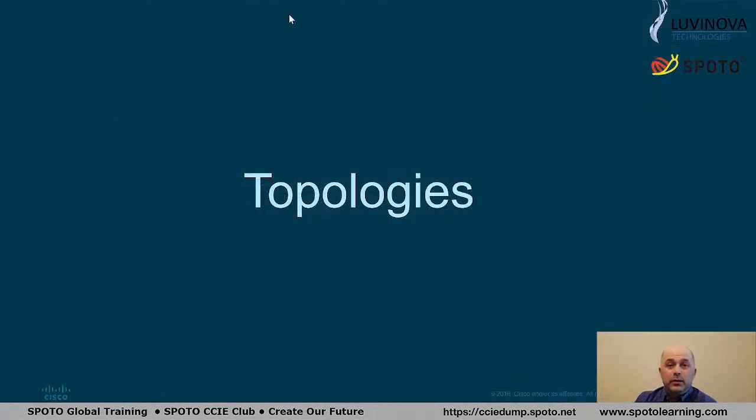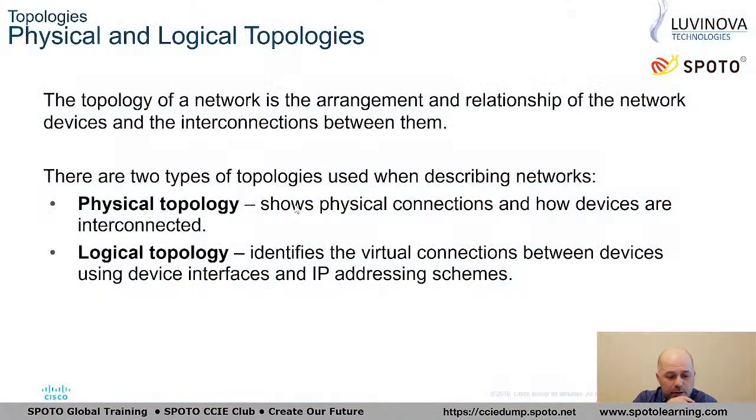We're going to talk a little bit about topologies. So topology of a network is the arrangement and relationship of the network devices and interconnection between them. Again, topology we already know is the physical and logical topology. Physical shows a physical connection, where they're located, which rack, which room, which shelf.